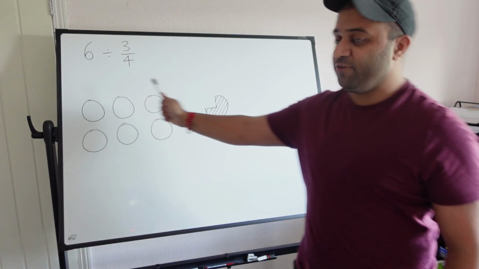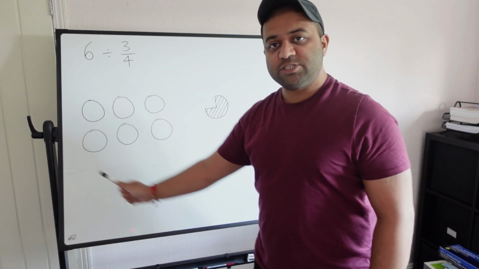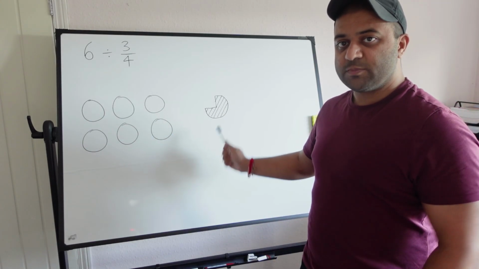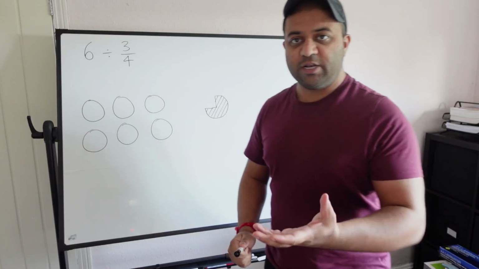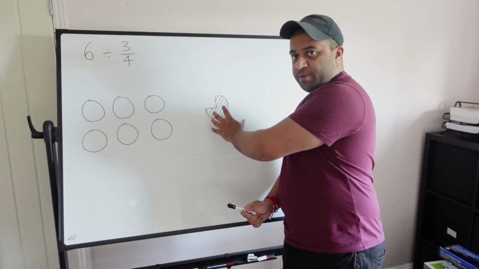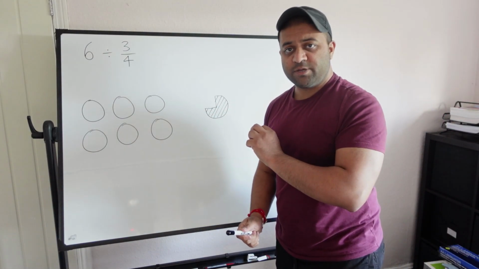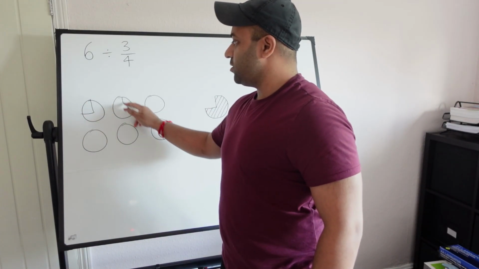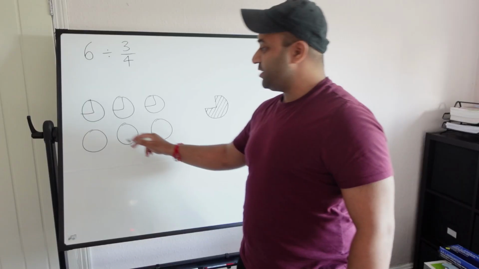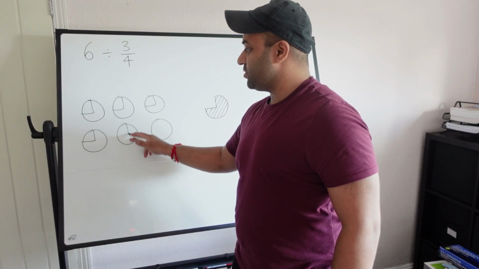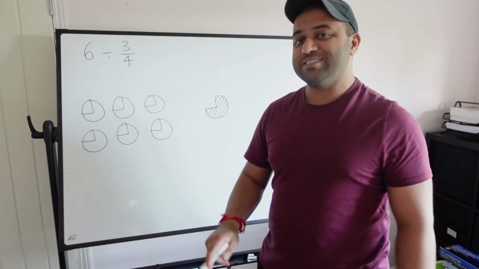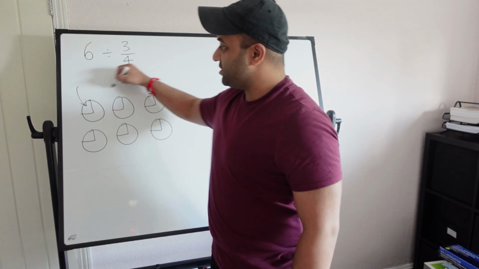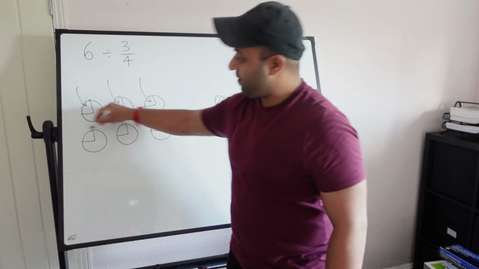And you can see I visualized it here with 6 whole circles and a 3/4 of a circle. So let's physically try to put this shape into these 6 circles. So we can fit it in once, twice, 3 times, 4 times, 5 times, and 6 times. Now that's to begin with. We still have these leftover pieces.